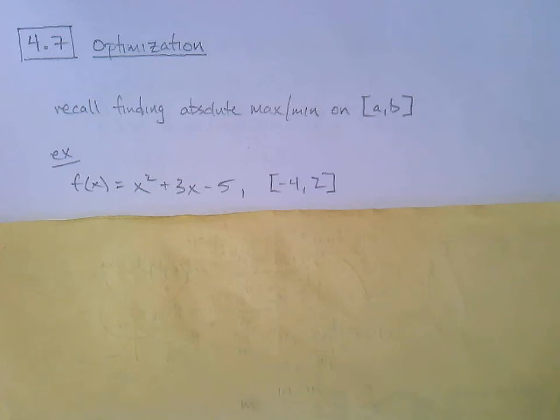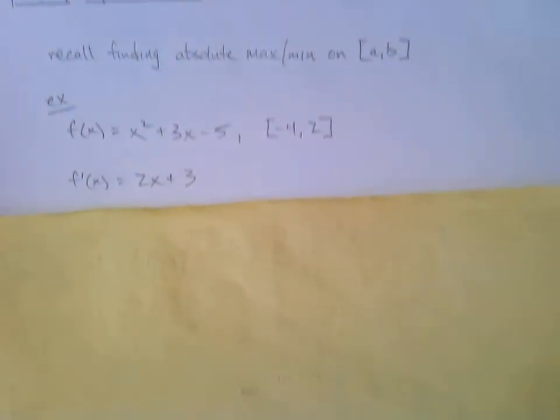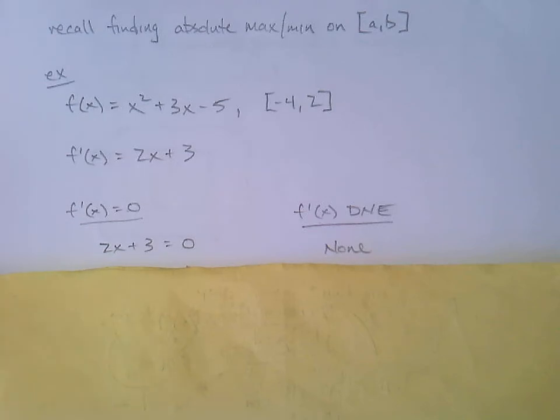How about f of x equals x squared plus 3x minus 5 from negative 4 to 2? How do you find that absolute max and min? Well, you start by finding the criticals. So that means we need a derivative. And we're going to take a look. Hey, when does that derivative equal 0?